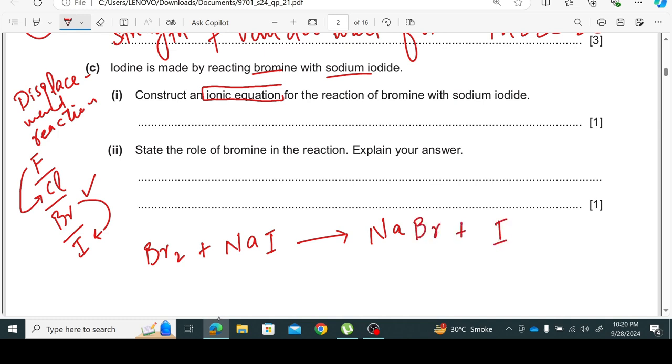Group 7 elements exist as diatomic molecules, so you have to write iodine in diatomic form. Now write the ionic equation.